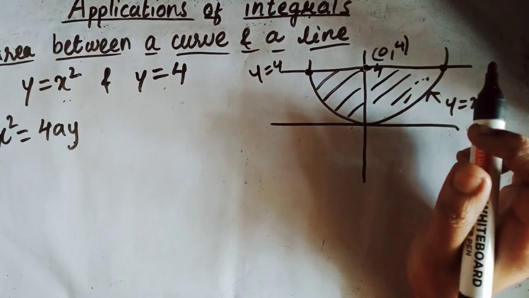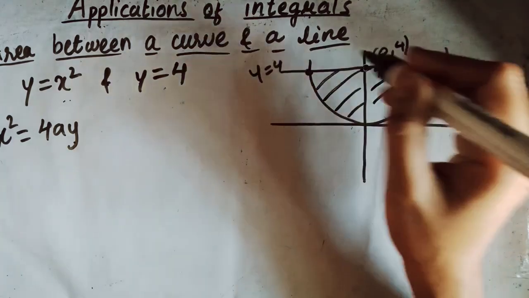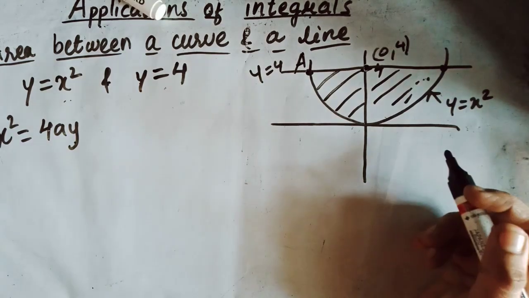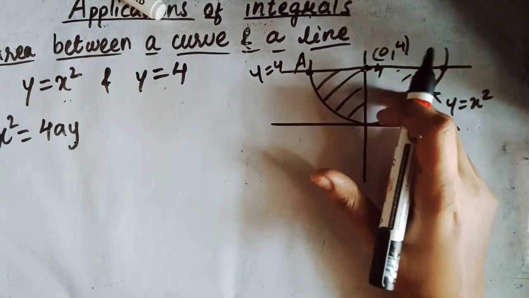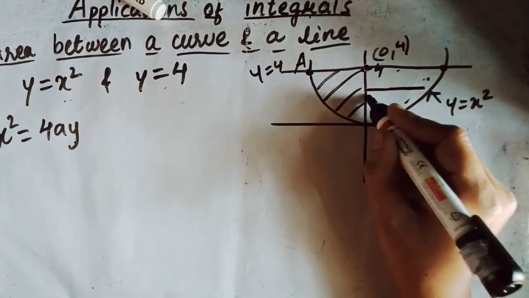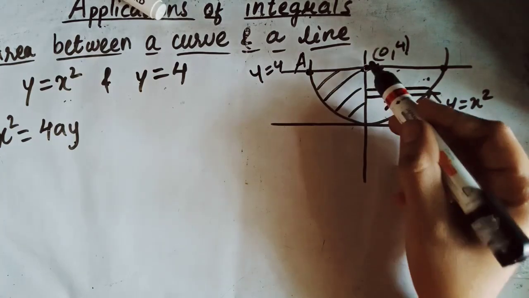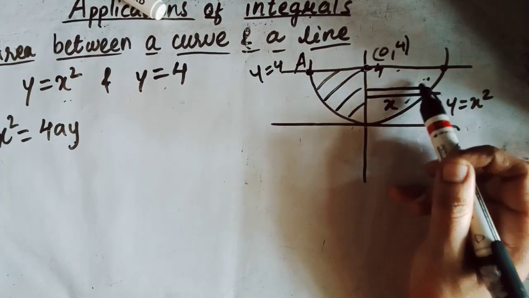First you have to mark this A, B. So we'll consider a strip here. I am considering an x strip, and y is changing from 0 to 4.